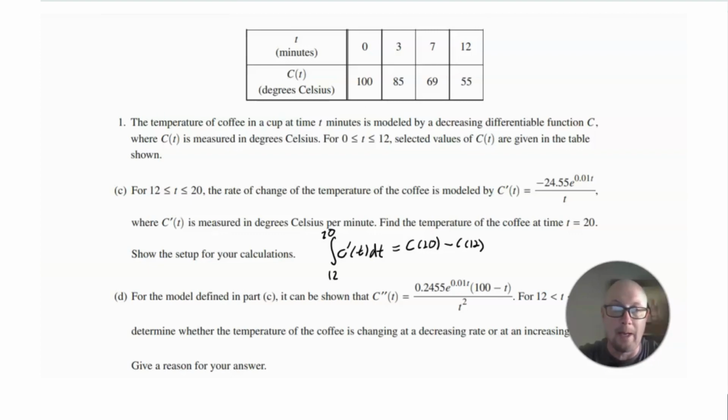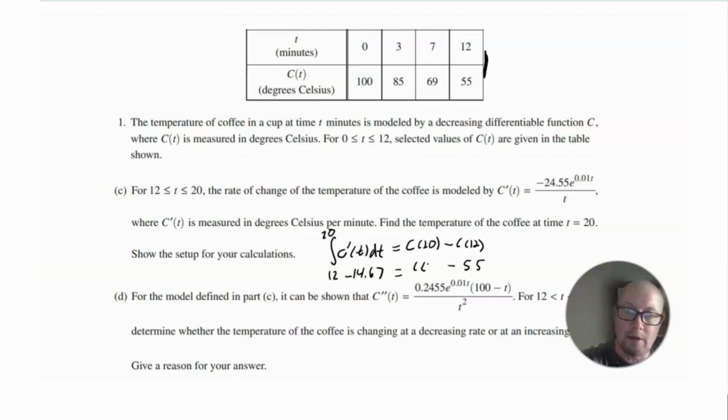Well, I know I'm going to be able to get that definite integral from 12 to 20 with my calculator, and I can see that I have c of 12 up on the table there, so that's 55. Okay, so if I do this definite integral from 12 to 20 of c prime on my calculator, I'm going to get negative 14.0067. Now I'm just going to keep that on my calculator because I need exact answers here, so I'm not going to round it, but I'm just showing you here.